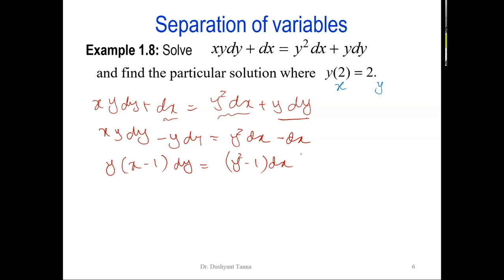So if I shuffle this, if this can be taken to the other side, and if this y can be taken to the other side, the left and right hand sides swapping, then obviously it looks like we can have y dy and x dx separated, right? Okay, so let's do it. y over y square minus 1 dy and 1 over x minus 1 dx, right?